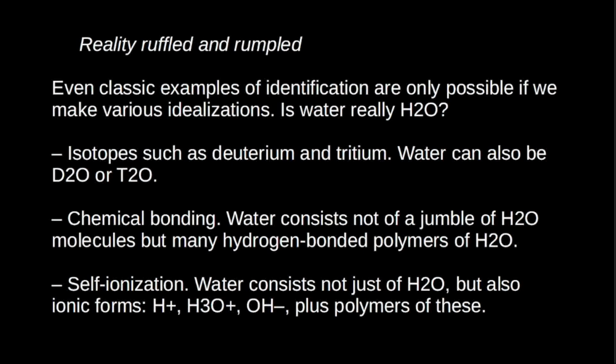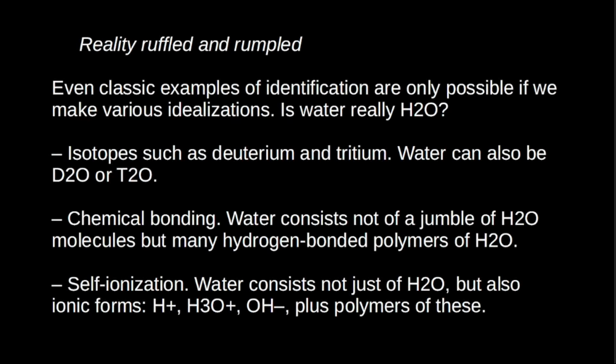But arguably, we can only affirm this identity after making a host of idealizations. I talk about this in a bit more detail in my video, Water is not H2O, which I will link in the comments. So very briefly, here are some wrinkles, some concerns.